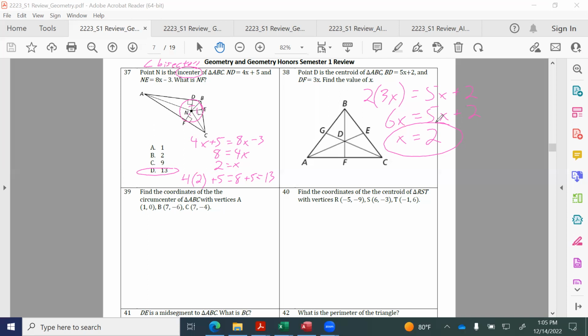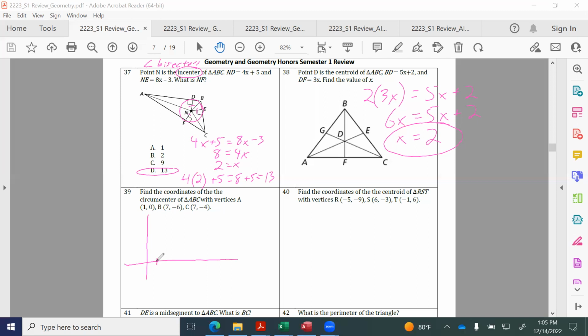Alright, anyway, on 39. Find the coordinates of the circumcenter of ABC with vertices at these 3 points. So, this one, I would go to graphing first. If we were to graph this, we have a point at 1, 0.